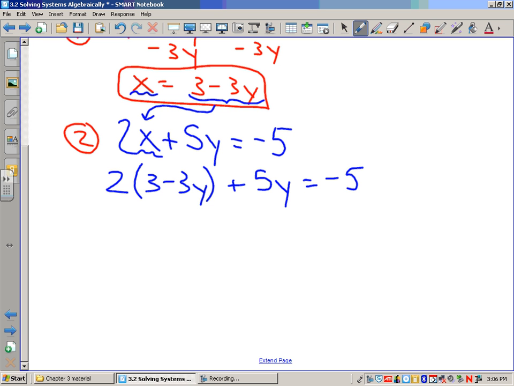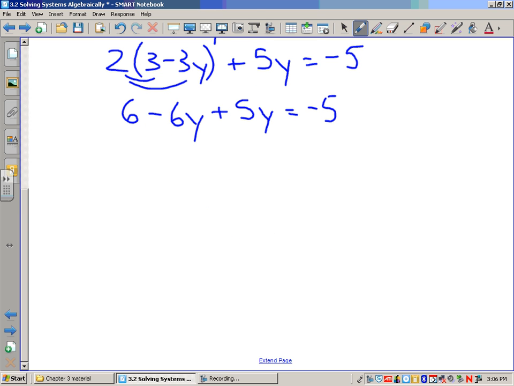Now it says solve. So I'm going to solve this equation. Distribute: 6 minus 6y plus 5y equals negative 5. Combine like terms on that side. So minus 6y plus 5y would be minus 1y equals negative 5.